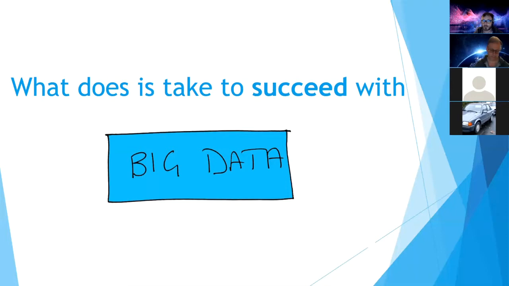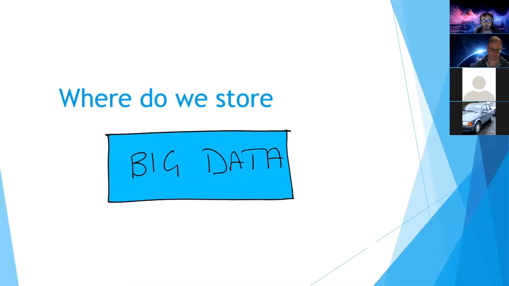But we can't do that if we can't make sense of it, and we can't make sense of it if we haven't stored it in the first place. So the whole thing with data lakes is really where we store it, and in particular, how we store the really big quantities of data that are all around us all the time.